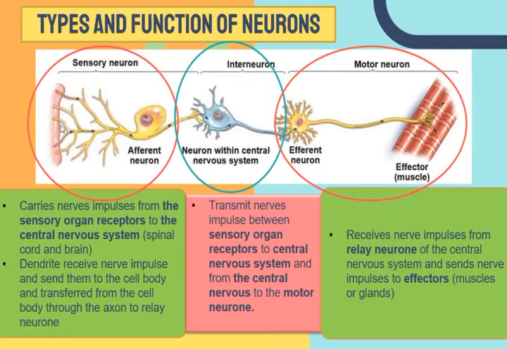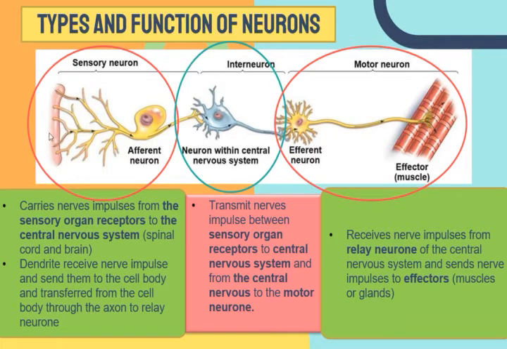The afferent neuron sends the impulse to the interneuron, and the impulse is sent to the efferent neuron, which sends it to the effector to carry out the response.